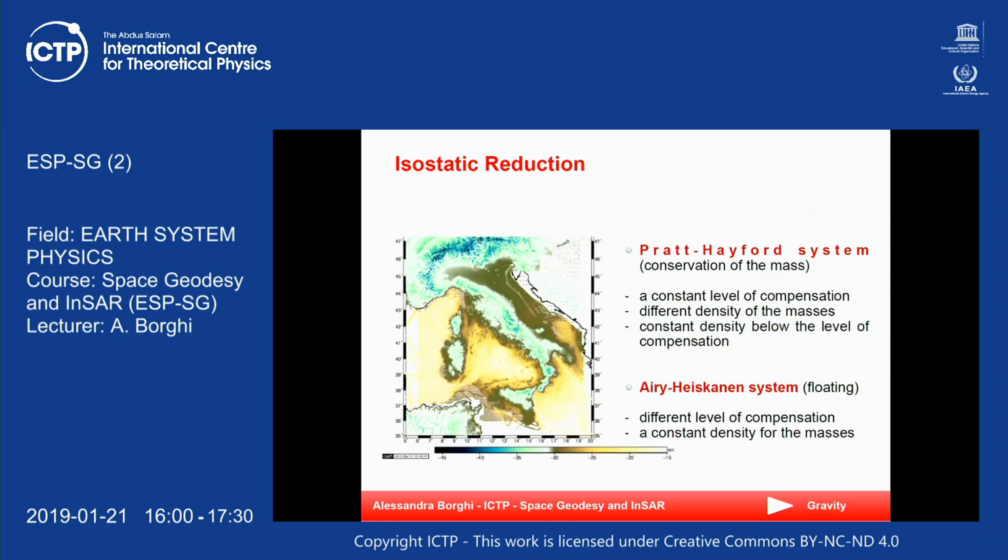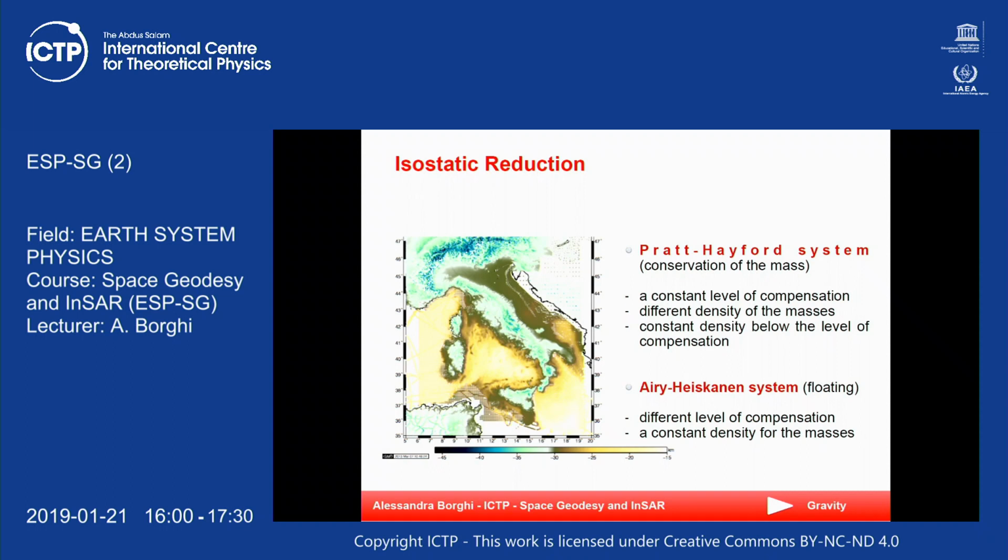This is a plot of the isostatic compensation. We have two different approaches to model this effect. We are going to say that if we have mountains, the mountains are also below the geoid level. And how can we model this effect? There are two different approaches.